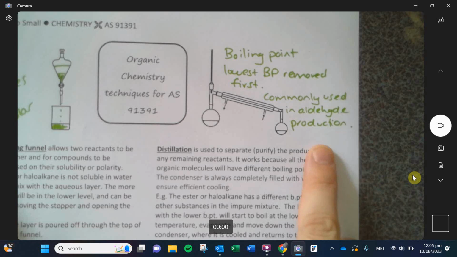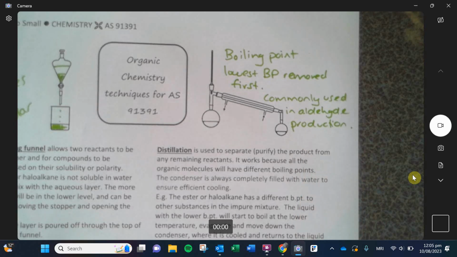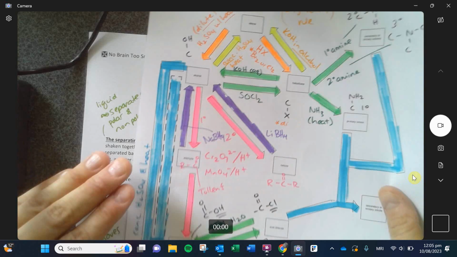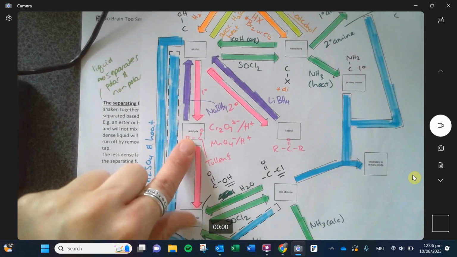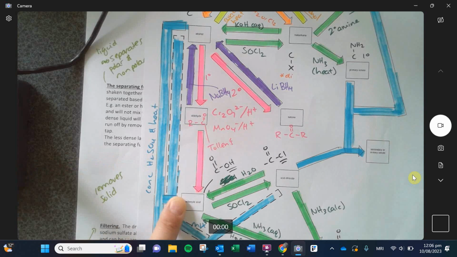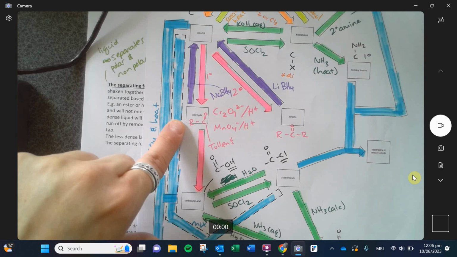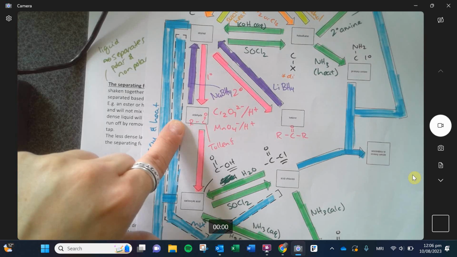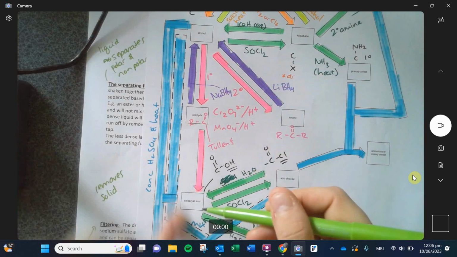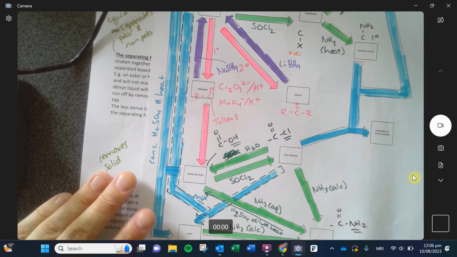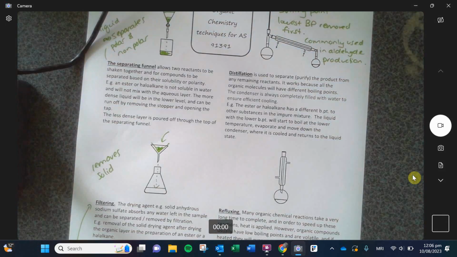So we commonly use this in aldehyde production because when we look at the flow chart, you see how alcohol goes to aldehyde, and then aldehyde forms the carboxylic acid. So what I want to do in aldehyde production is remove it from my reaction, because if I leave it in the test tube, it's going to react further to a carboxylic acid. So if I remove it, it doesn't form a carboxylic acid. And so I remove it here.